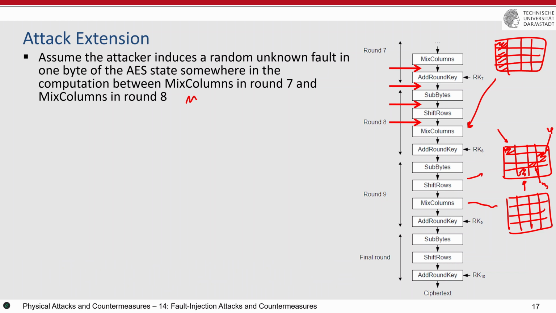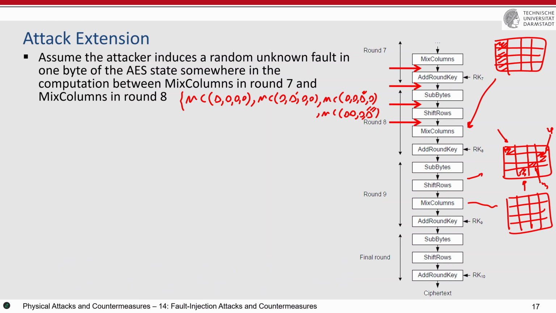For example, we had mixed column of delta, 0, 0, and 0, but now you say this set will be this, and mixed column of 0 and another delta and 0 and 0, and mixed column of 0, 0 and another delta, and mixed column of 0, 0, 0 and another delta.